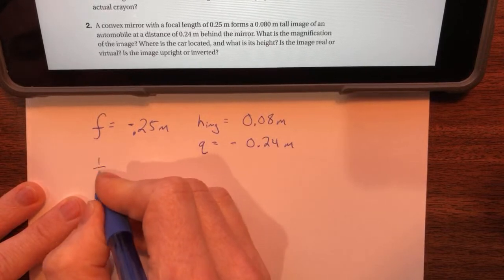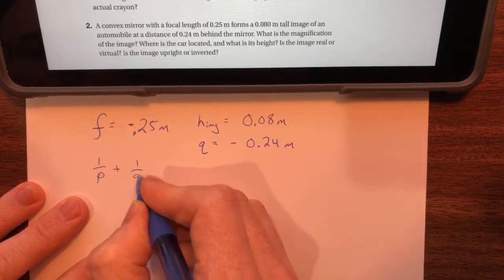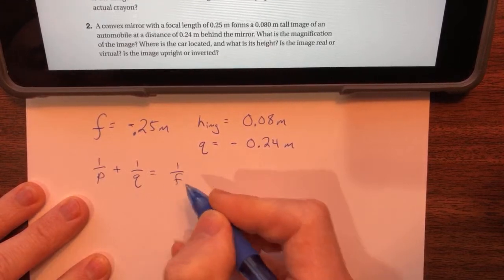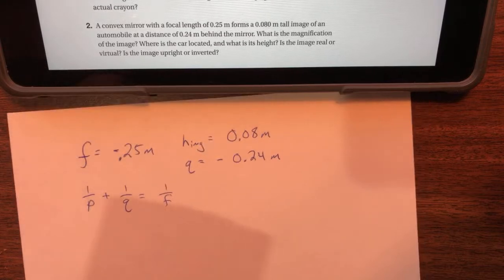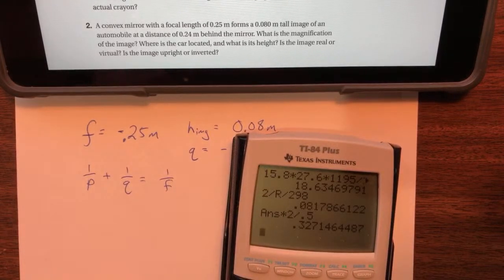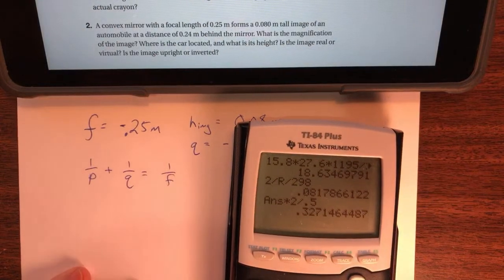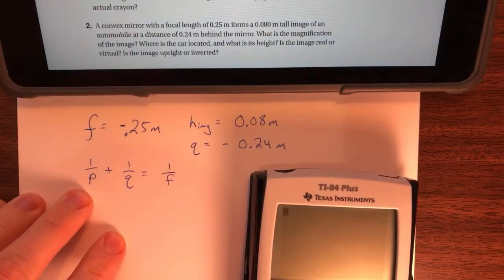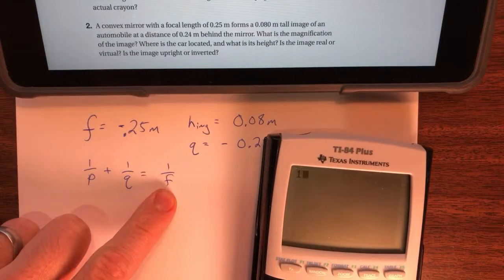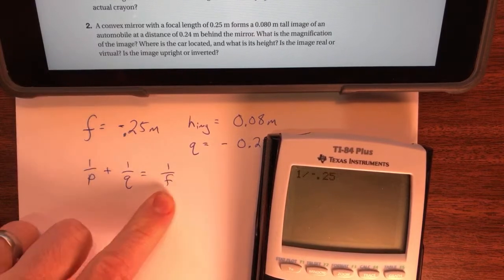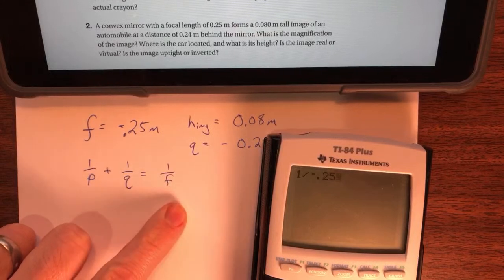Maybe, maybe not. So 1 over p plus 1 over q equals 1 over f. I do have my calculator today. So 1 over p equals 1 over f, which is 1 divided by negative 0.25, then we subtract 1 over q from both sides.